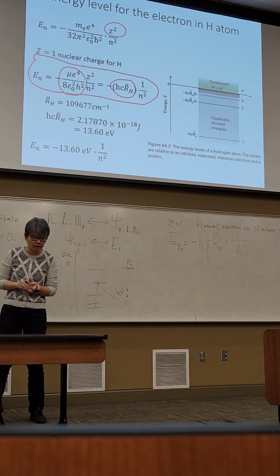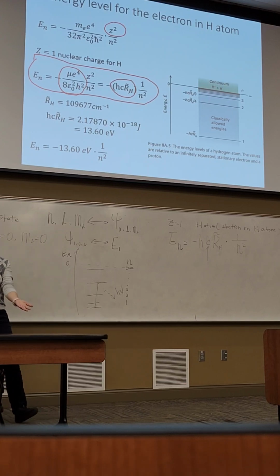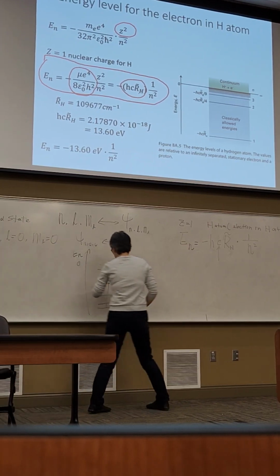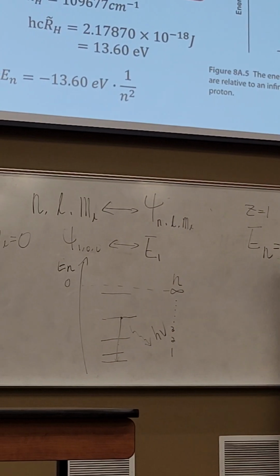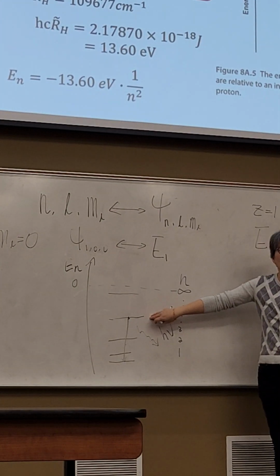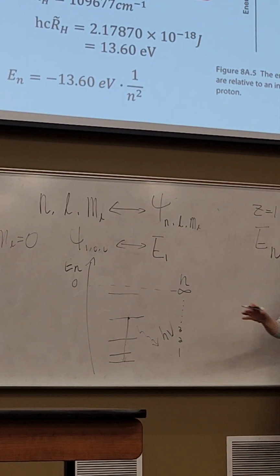Now, if the system hops from the lower to the higher level, what would happen? It needs an external energy input. The external energy input is the light coming in, making that transition. So it doesn't matter whether it goes from high to low or low to high. But if it's from higher energy to lower energy, as indicated here, then the excess energy of the system will be released as a photon. Do you follow me?